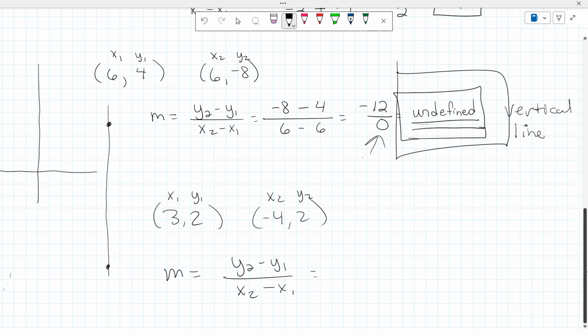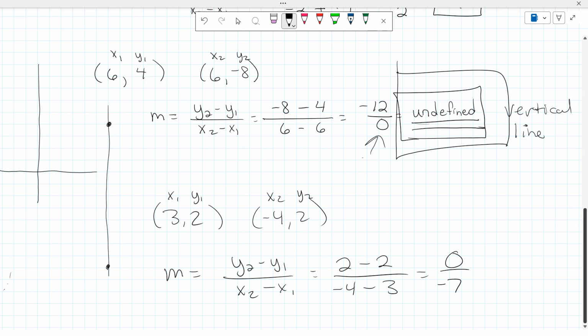What's y2? 2. What's y1? 2 over negative 4 minus 3. What's 2 minus 2? 0. What's negative 4 minus 3? Not 7. Negative 7.